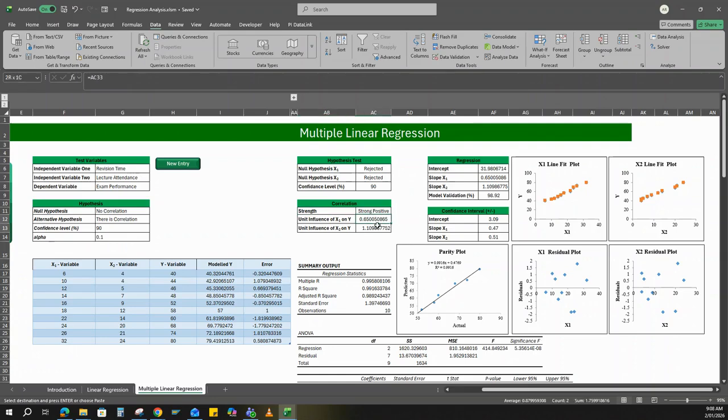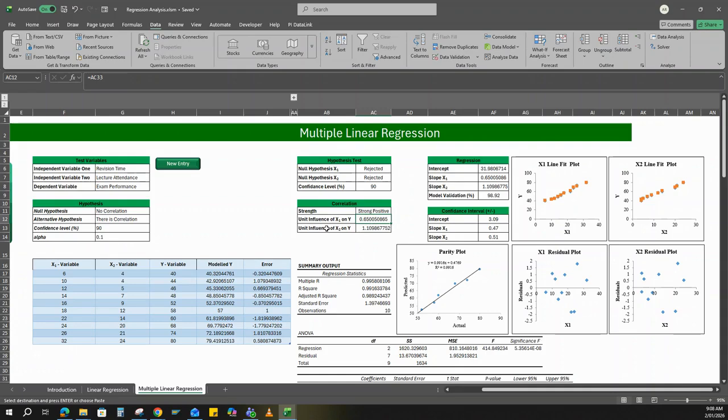Now these values represent the unit influence that each of the independent variables has on the dependent variable, exam performance. If we look at the unit influence of x1 on y, which is the unit influence of revision time on exam performance, for every change in exam performance, revision time has an influence of around positive 0.65 units.